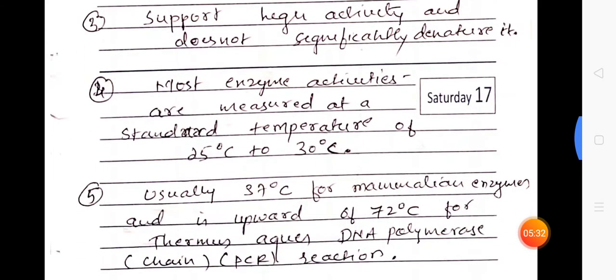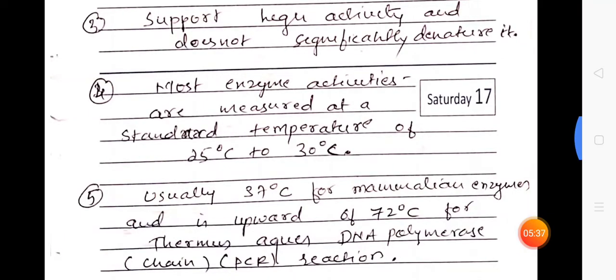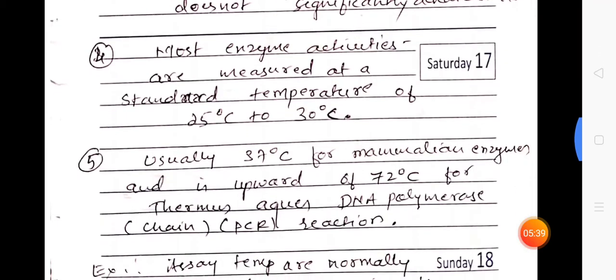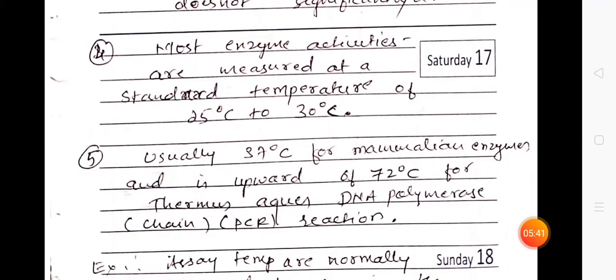Most enzyme activities are measured at a standard temperature between 25 and 35 degrees, or 30 degrees centigrade, though enzymes have their own optimum temperature values.